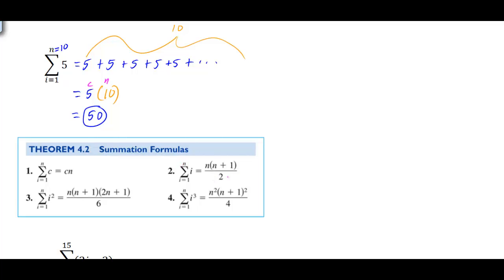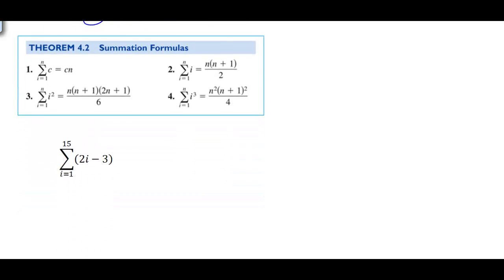Well, this is the formula for that. If we know the upper limit n, then the summation here is just going to be n multiplied by n plus 1, all divided by 2. And then you can see a similar formula for number 3 for i squared and then for i cubed.